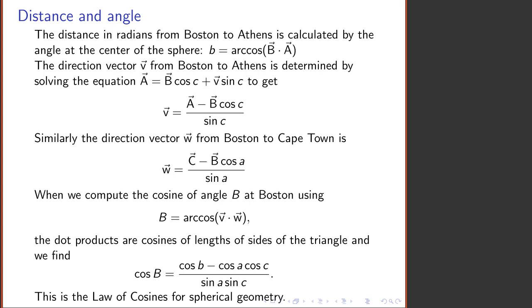But then this last term gives me cosine A times cosine C times the dot product of B with itself. And since B is a unit vector, I'm going to get the same thing with a plus sign. So here's the law of cosines for spherical geometry. The cosine of the angle at vertex B is the cosine of the opposite side minus the product of the cosines of the other two sides, divided by the product of the sines of the other two sides.